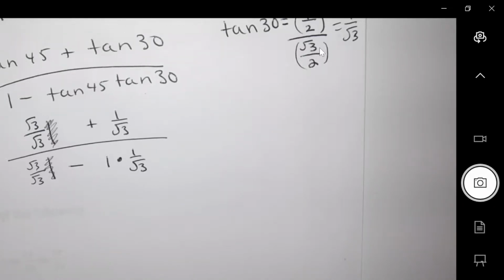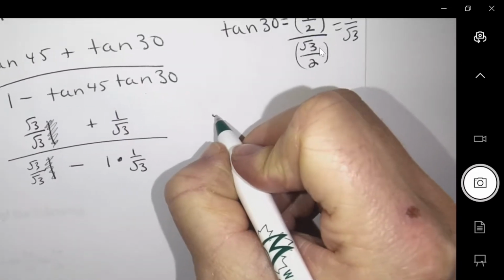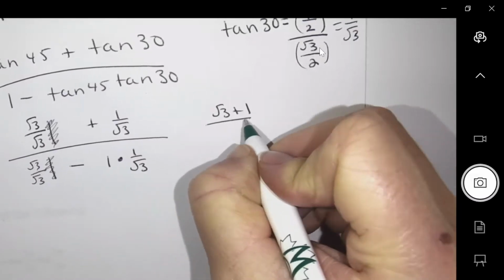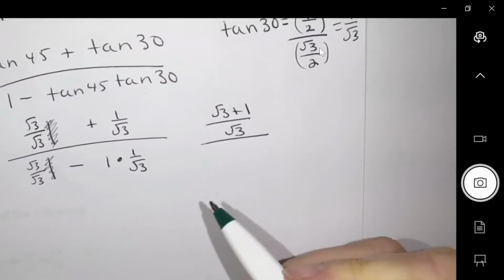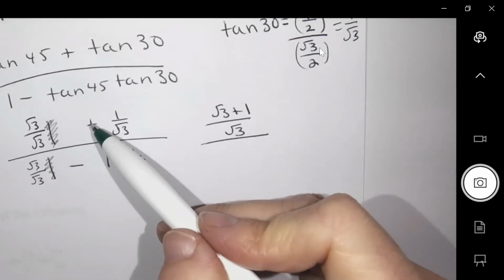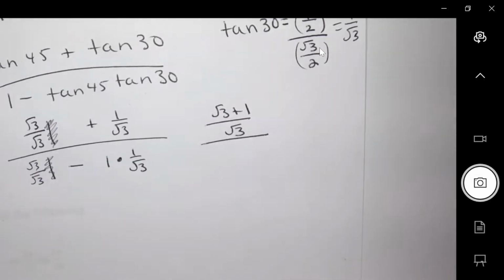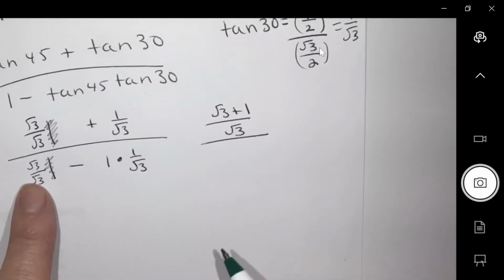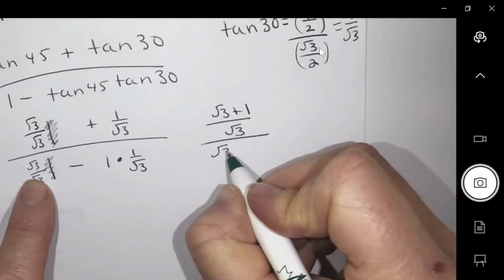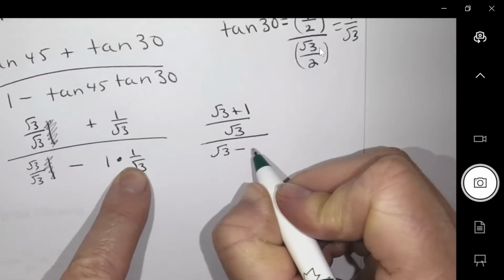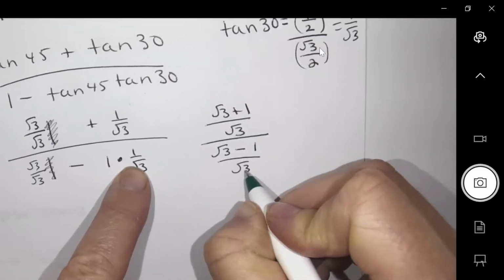Okay, we're all okay to understand why I'm changing the 1 to look like that, so that my bottom is the same. So this is going to make a root 3 plus 1 over root 3. So there's my root 3 plus a 1 over root 3. And this is going to make root 3 minus a 1 over a root 3.